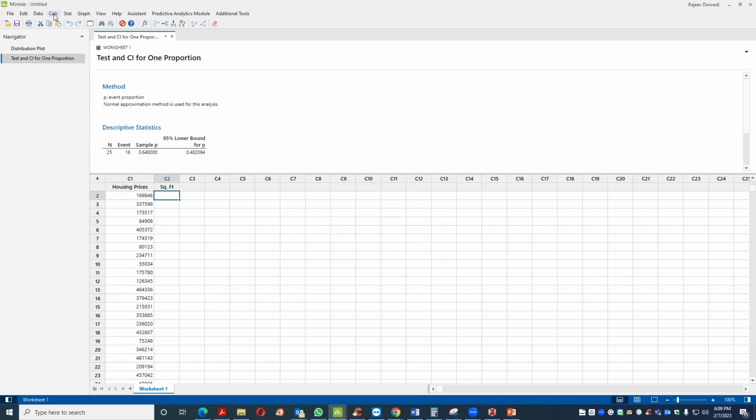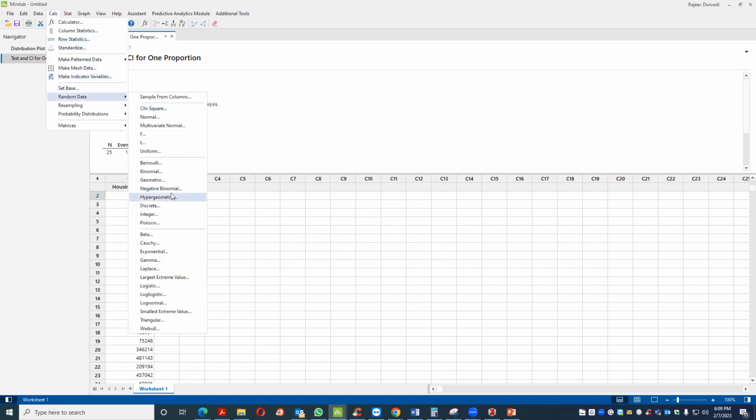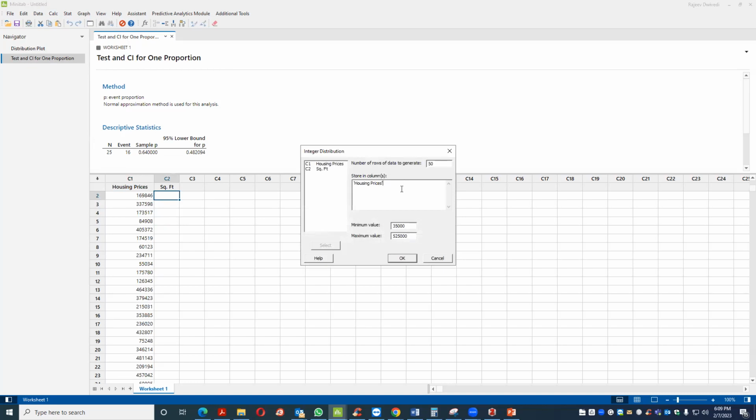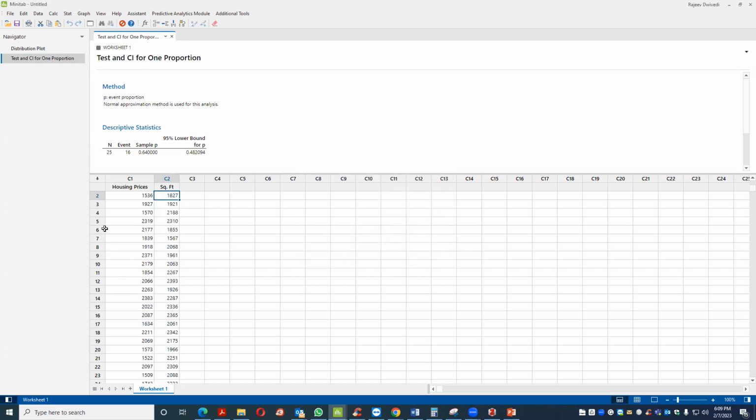So this is housing price, and correspondingly I'm generating square feet. Here I'm again doing random data, integer, for square feet, 50 values, from 1500 square feet to, let's say, 2400 square feet. This is the housing, and let me do the pricing again. Did I do something wrong? I think I did something wrong.